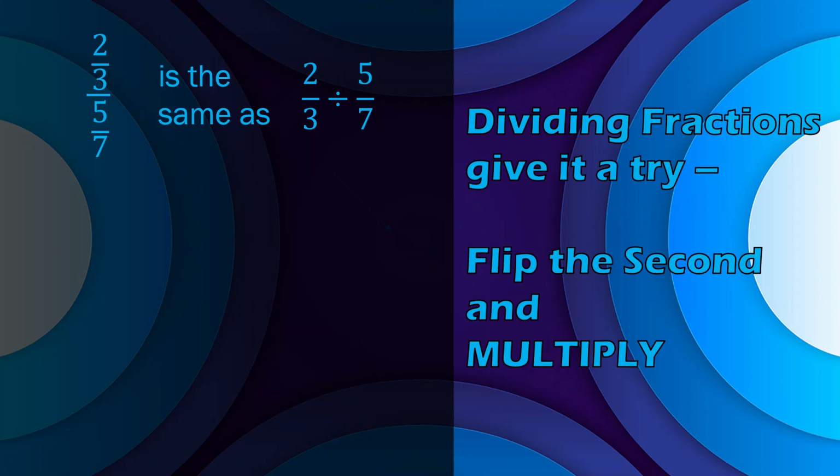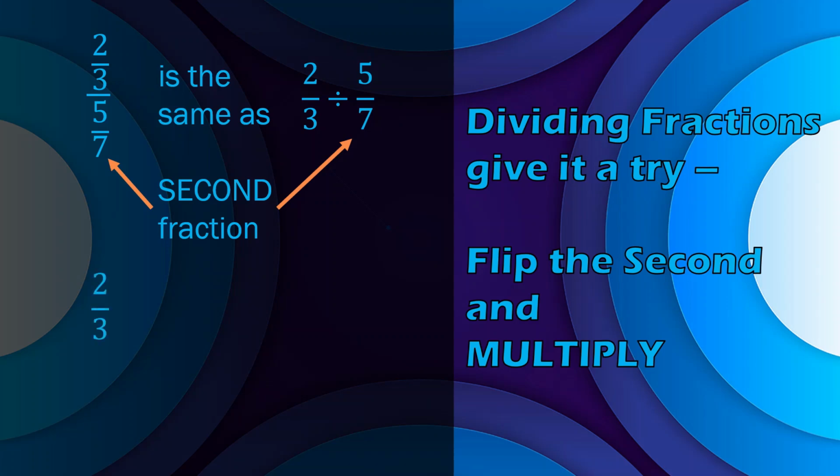You may see it either way, so you need to make sure you're familiar with both forms. Biggest thing is which one of these is considered the second fraction. In both cases, the 5 over 7 is the second fraction. The fraction at the farthest bottom or the fraction at the furthest right. Those are considered your second fractions.